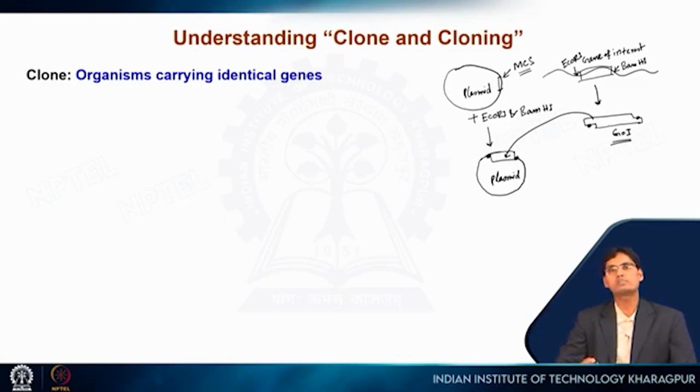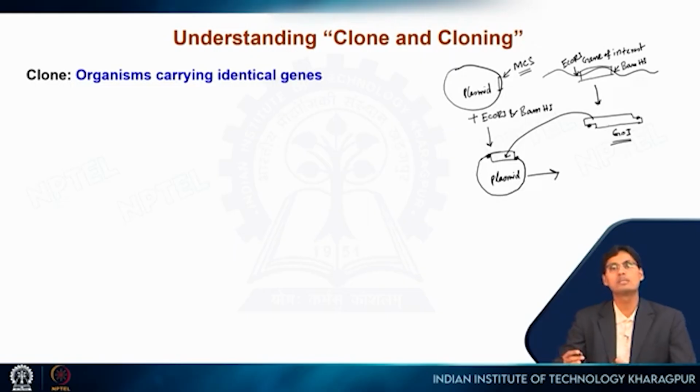Now, on the basis of selection and all those things, you have to transform some host cell, for example bacteria, by sending this plasmid in. When the bacteria divide into many cells, this plasmid will also grow in number, and the plasmid can also replicate by itself. As a result, many plasmids will be there in one bacterium. So you are increasing the number of your gene of interest, and those are exactly the same gene.